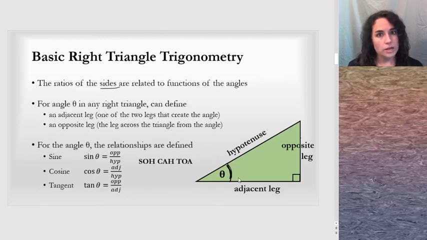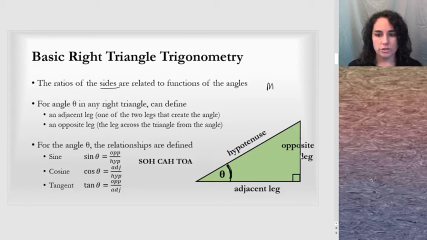And so this brings up these ratios. The ratios of the sides of these triangles are related to the angle. And we call these functions of the angles the sine of the angle, the cosine of the angle, and the tangent of the angle. And these are the abbreviations for sine, cosine, and tangent. So the sine of the angle is the ratio of the opposite leg over the hypotenuse.